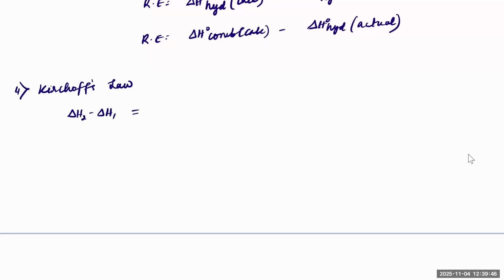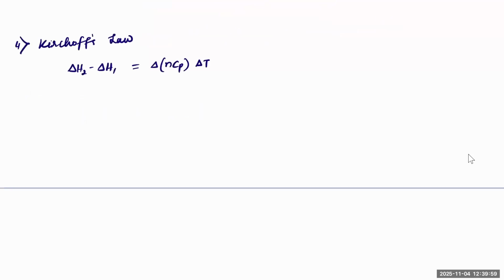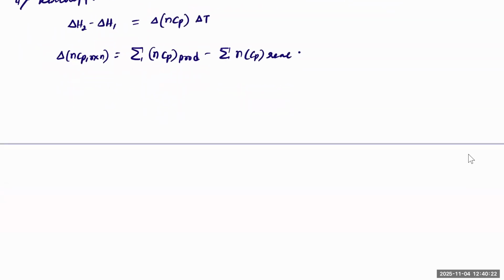Delta H2 minus delta H1 is equal to delta of nCp multiplied by delta T. And delta of nCp of the reaction is equal to the summation of nCp of the products minus the summation of n times Cp of the reactants. So this is Kirchhoff's law.